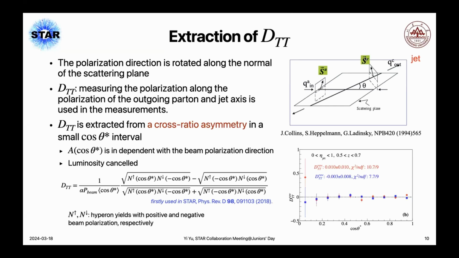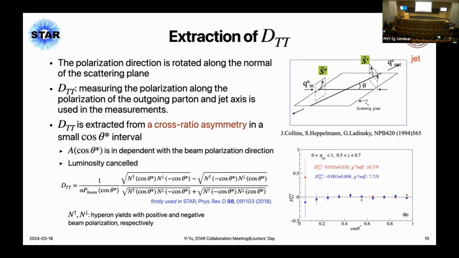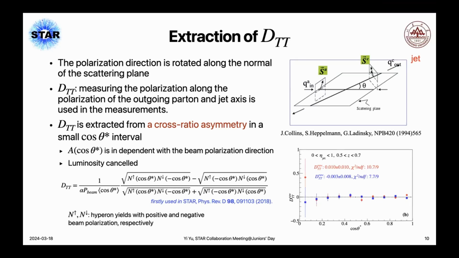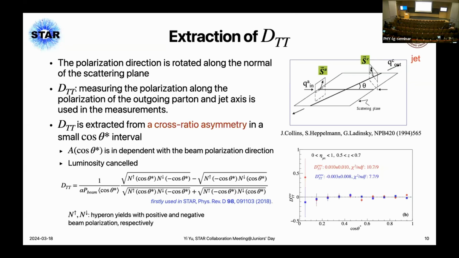We measure its polarization along this direction. In polarized proton scattering, it is a reasonable direction, because after the scattering, the polarization of the proton rotates along the normal direction of the scattering plane.